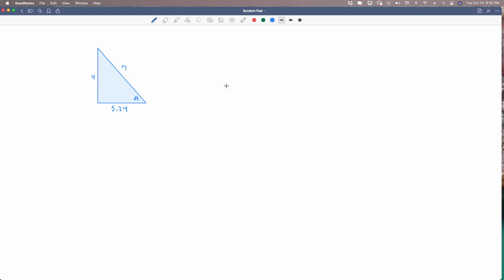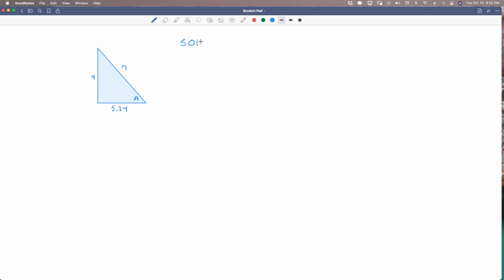All right. We're going to first find the sine of A, and then we're going to find the cosine of B, and then we're going to find the tangent of C. And we're not going to use our calculators for the angles. All right, that's the whole point of this.